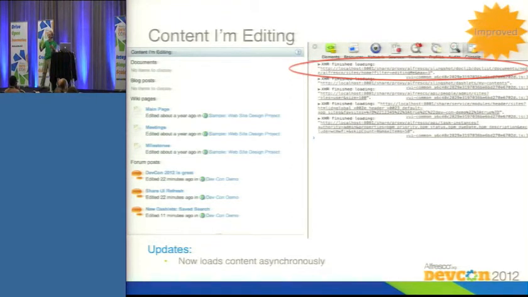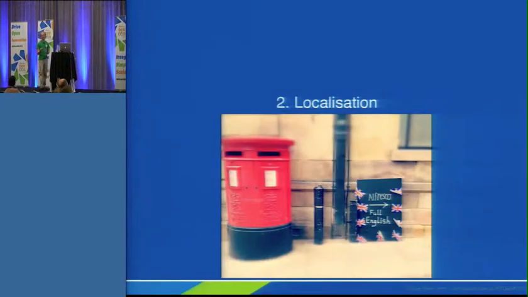With the content I'm editing dashlet, now instead of it blocking rendering of the page while it goes and fetches that list of all the content, that's now loaded asynchronously into the browser, so that you get the dashboard loaded and then you get the content. So that's just another small incremental performance update that we've added. So those are the dashlets that I'm going to look at.